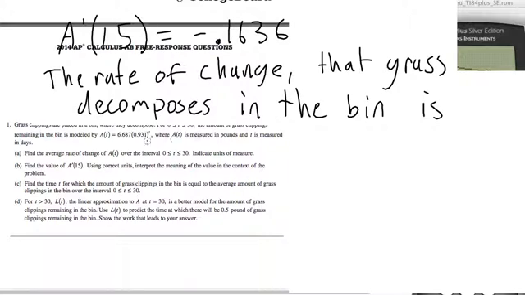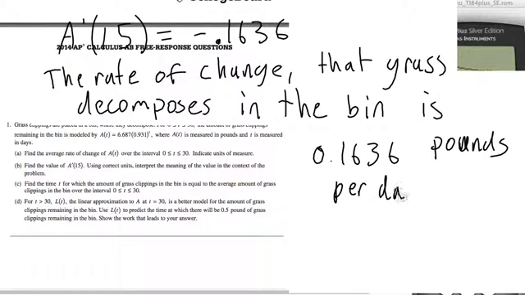But remember, the word decomposing, that's the negative. So we want to say this is the rate it's decomposing. The rate including the negative is the rate for how much is left. So decompose is 0.1636 pounds per day at t equals 15 days.